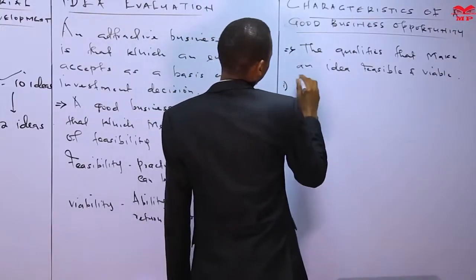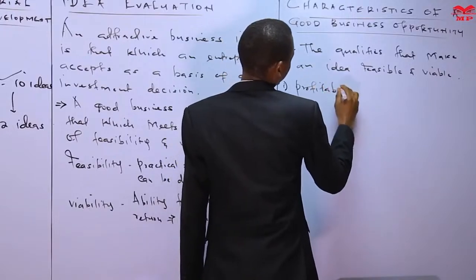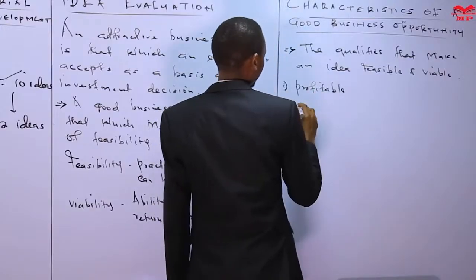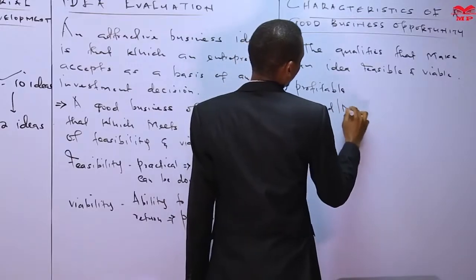The first one is profitability. The second one is demand or market scope.